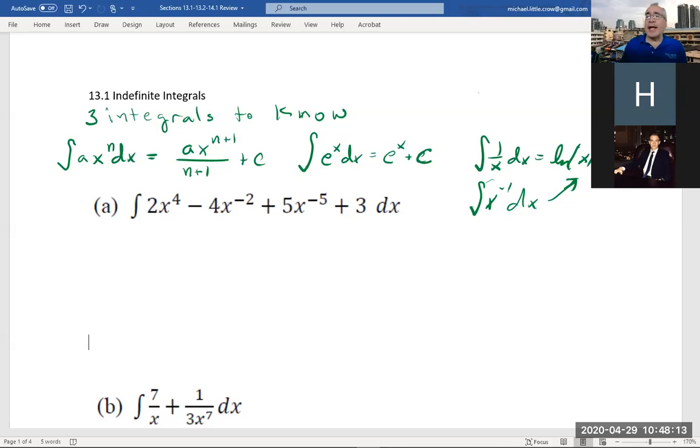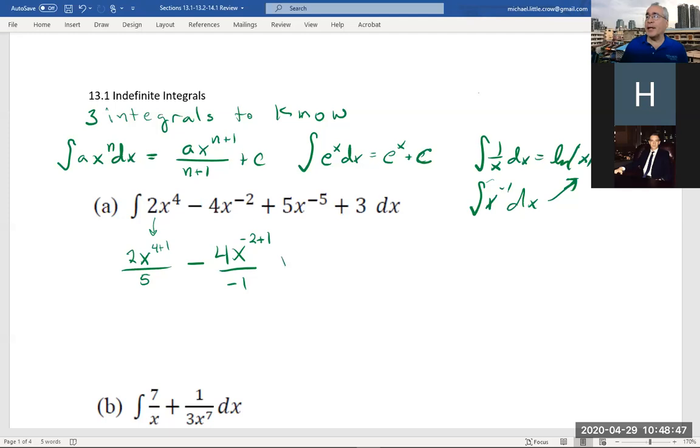When we look at part A, we've got 4 different terms. We integrate them each separately. The first one is going to be 2x to the 4 plus 1 over 4 plus 1, which is 5. This gives us a minus 4 x to the minus 2 plus 1, which is going to be minus 1, right?